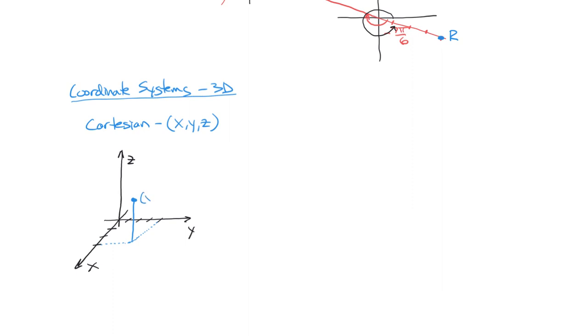Right, so this would be your point x, y, z. This would be probably the most familiar one because it's just like the 2-dimensional system with one more coordinate, right, x, y, z. So that gives you the 3rd dimension. So that'll be the most common, or the most probably intuitive one. The other 2 are cylindrical and spherical, and they're both extensions of polar.